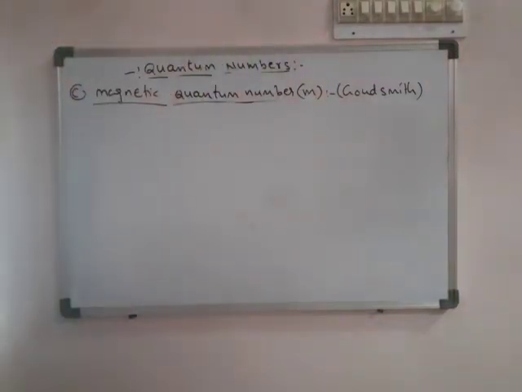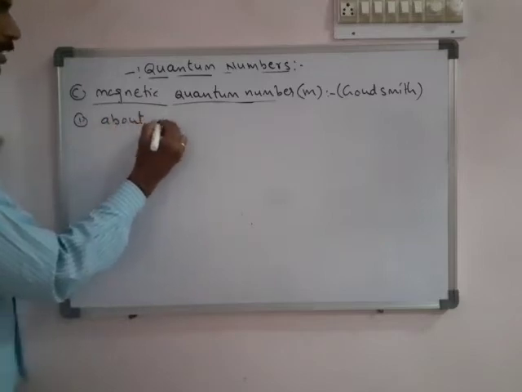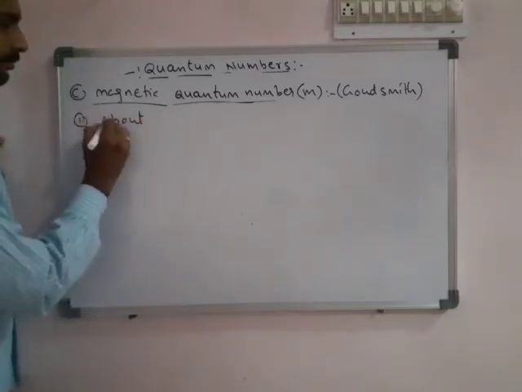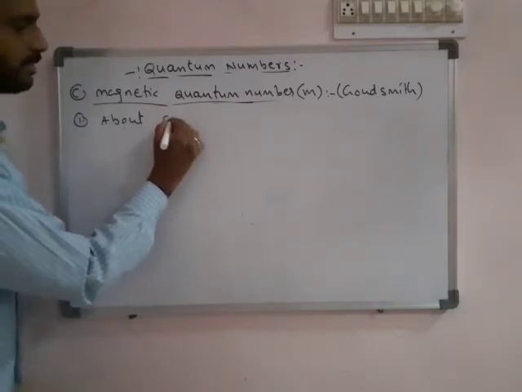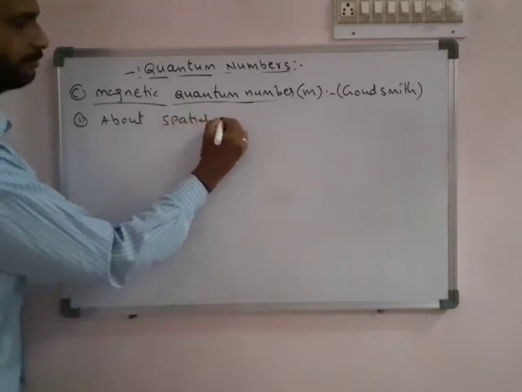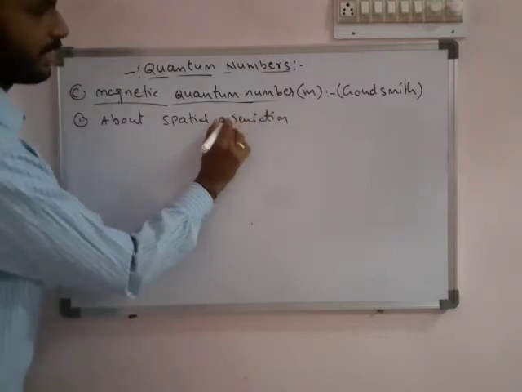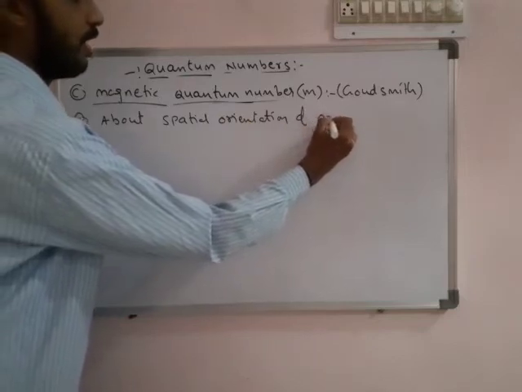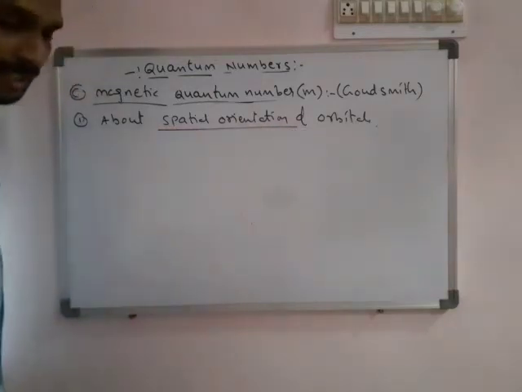The importance of this quantum number is that it tells about spatial orientation, the orientation of orbitals. Orientation means they lie in one direction.